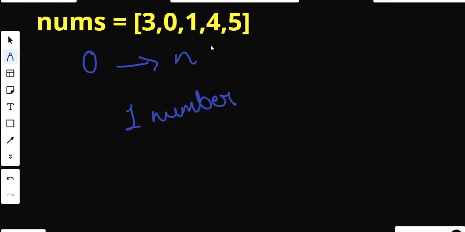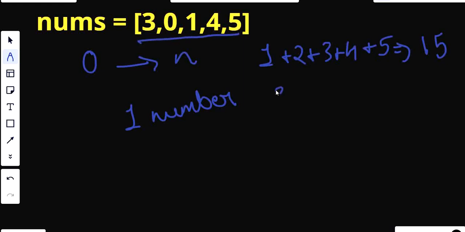So if we apply the logic, we can simply do one thing. Firstly we will add all the numbers from 0 to n, or 1 to n. In this case it will be 1 plus 2 plus 3 plus 4 plus 5, which is equivalent to 15, right? And secondly, we will add the numbers in nums. So this will be 3 plus 0 plus 1 plus 4 plus 5, which is equivalent to 13.